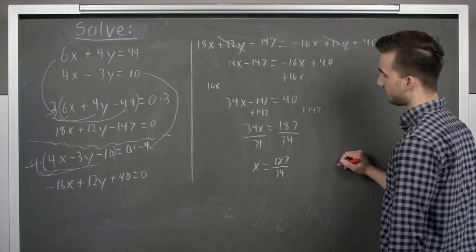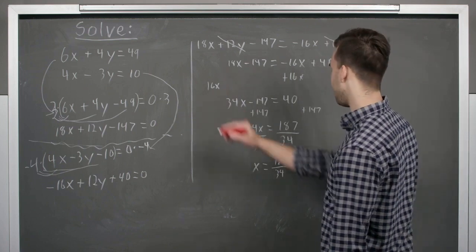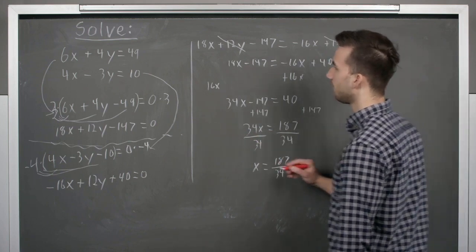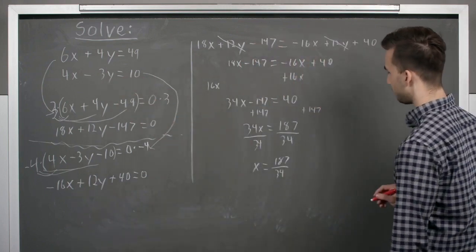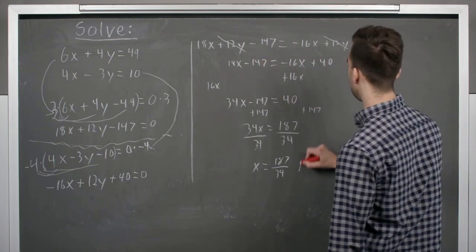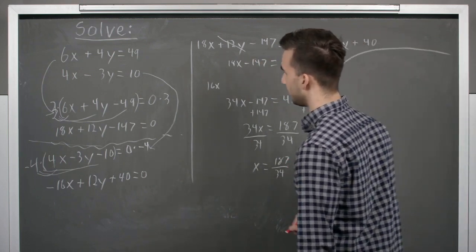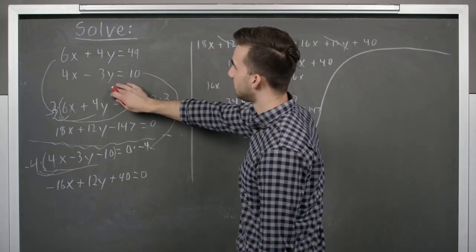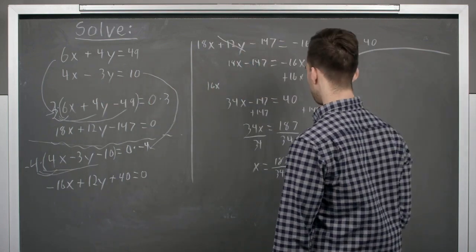And so now what we can do is plug this into either equation, and we can solve for y at that point. So let's do that over here. Did not leave a ton of room on the board, but let's do this equation because it looks like it will be easier.